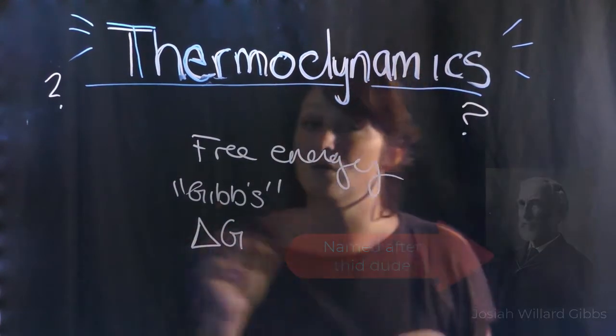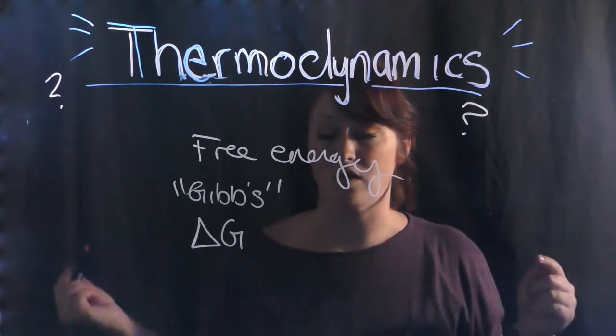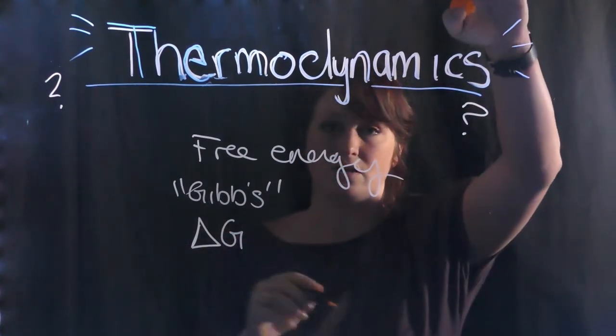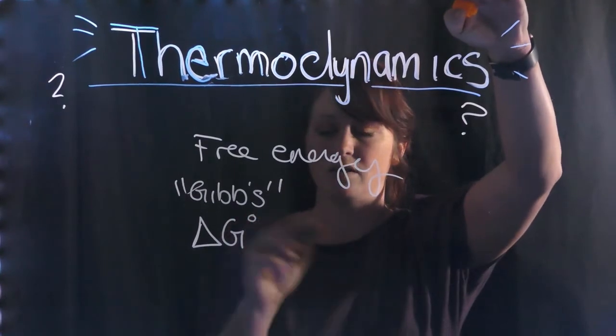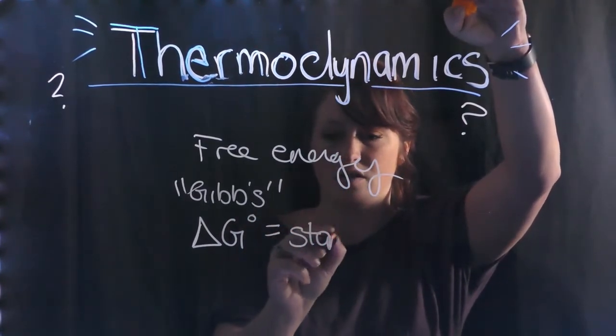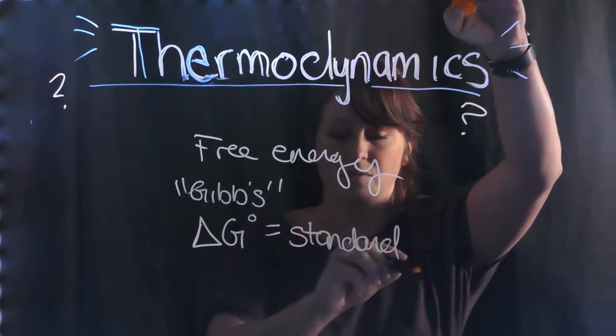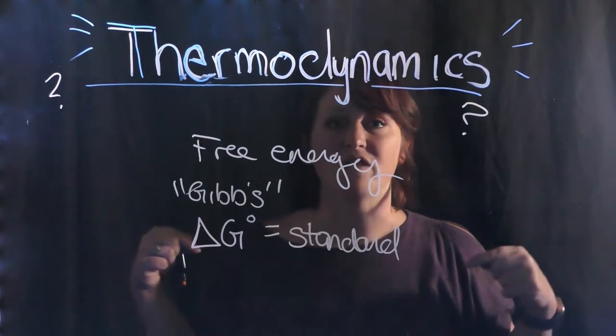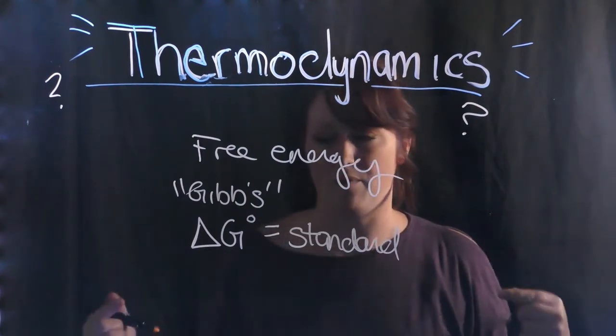Now, you'll see two different forms of delta G as you continue in your learning or understanding of chemistry. You'll see delta G, and you'll also see delta G naught. Delta G naught is referred to as our standard Gibbs free energy. This talks about the free energy of a system in equilibrium.